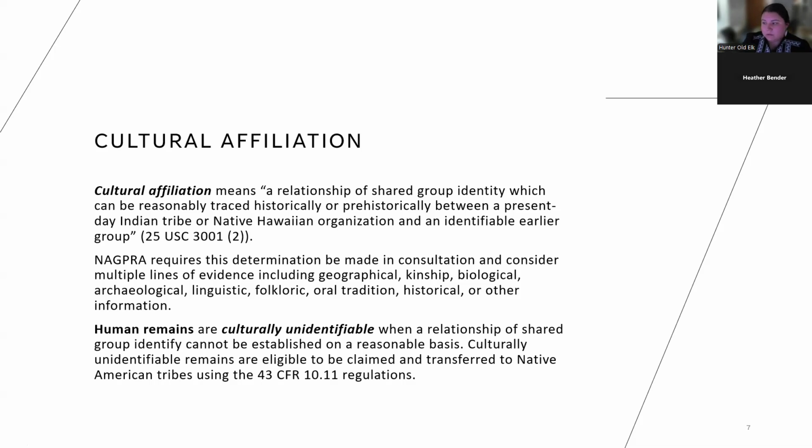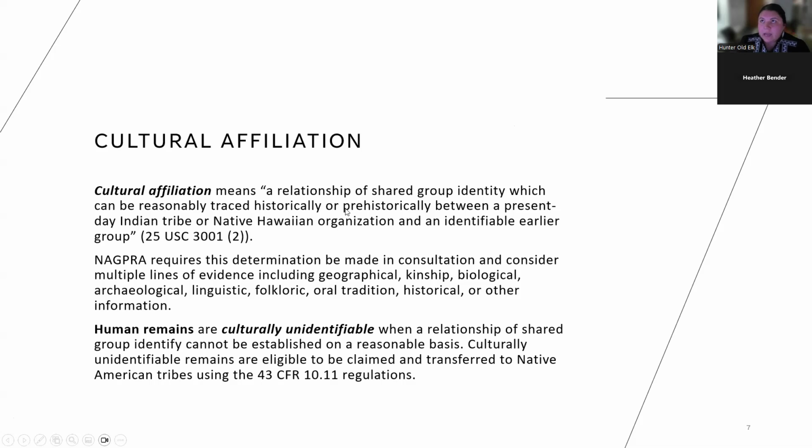And it could be used through folklore traditions like linguistics, oral history, historical data and oral history as well. And so when we're looking at this concept around identifying cultural affiliation, they use this a lot of times to identify human remains.